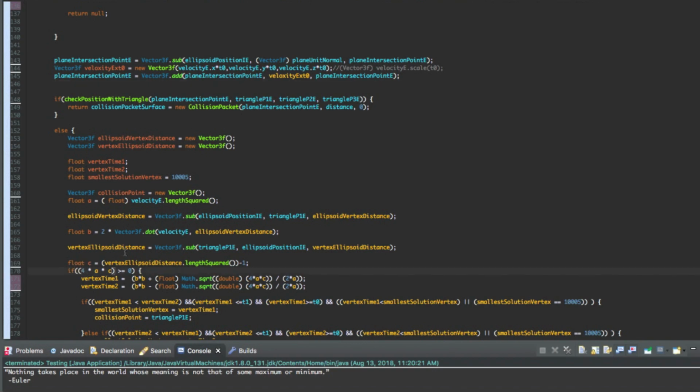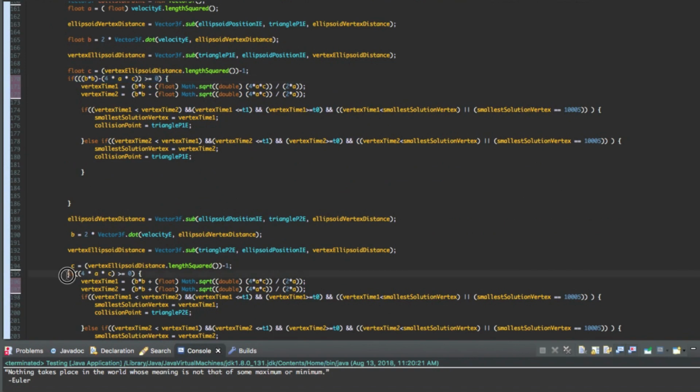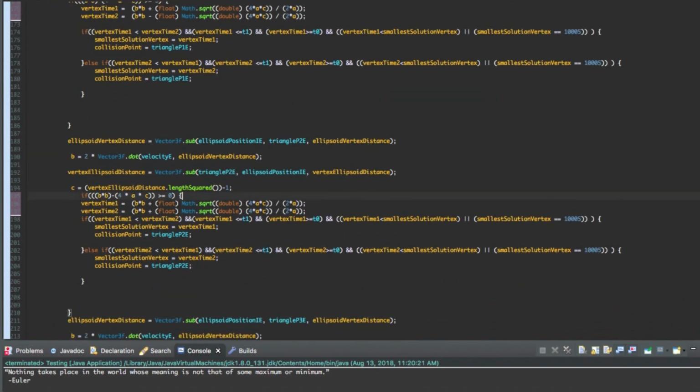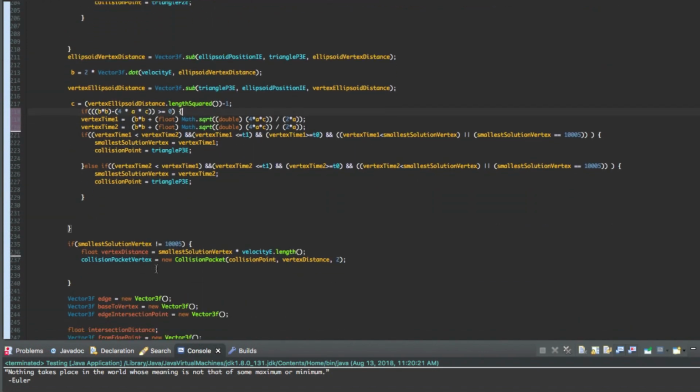And also, of course, we need to change this determinant here, so it should be b squared minus 4ac is greater than 0, and we'll have to do that for all of these. But hopefully you caught that already.